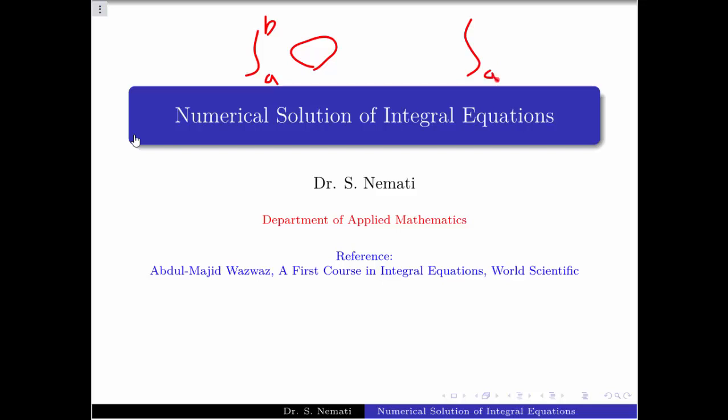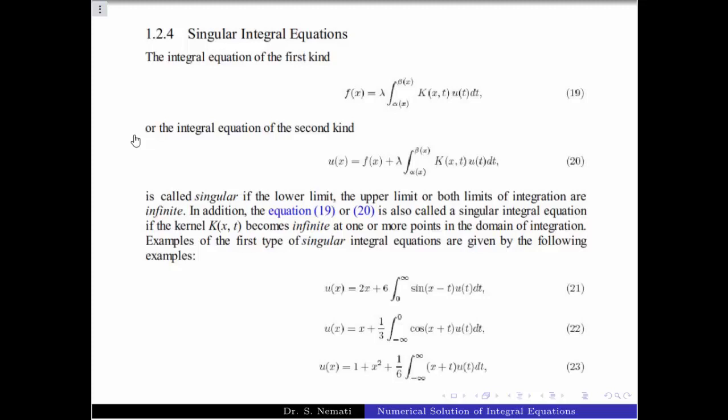This is just an example, and it can have different forms. For example, you can have here a variable and here a fixed number, or both bounds, lower and upper bounds, can be variable as well. So we want to continue our discussion and be familiar with the other types of integral equation.